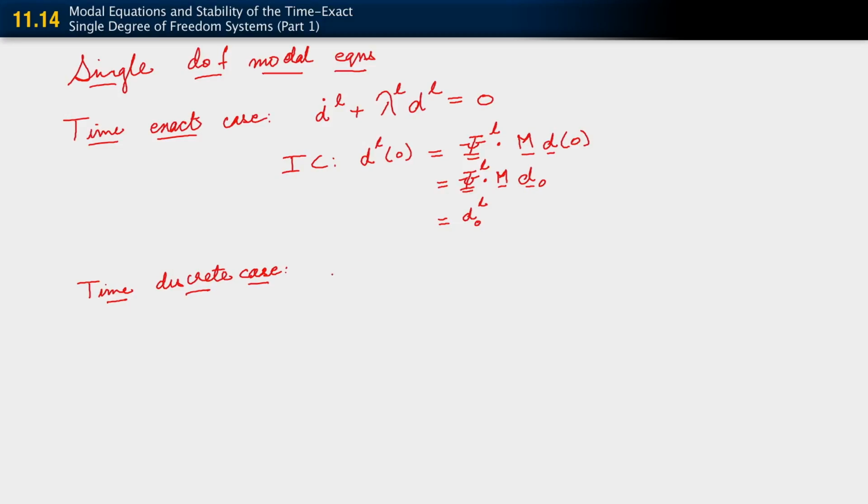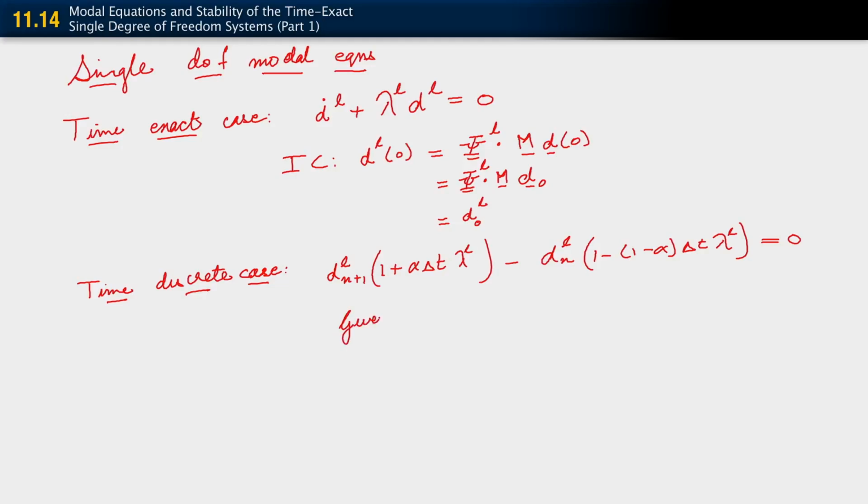It is dL n plus 1 times 1 plus alpha delta t lambda L minus dL n times 1 minus alpha delta t lambda L equals 0. Okay, and again this holds.